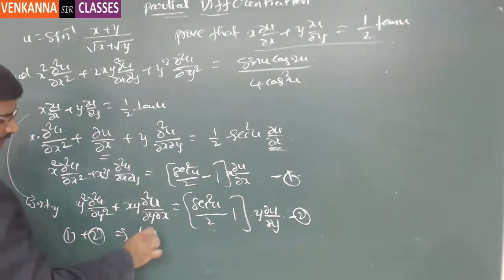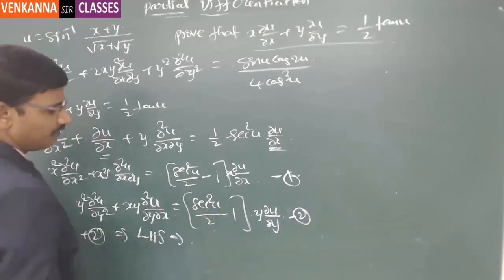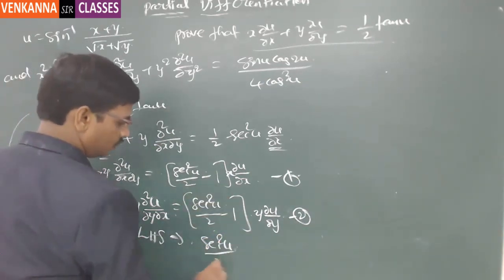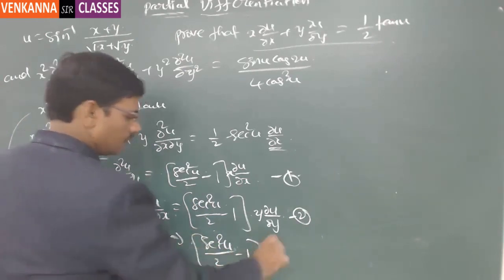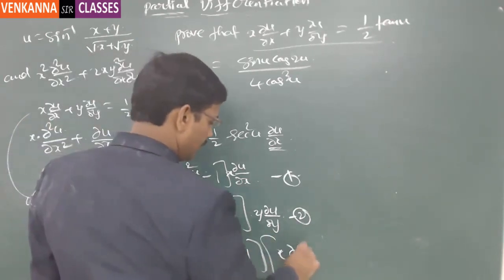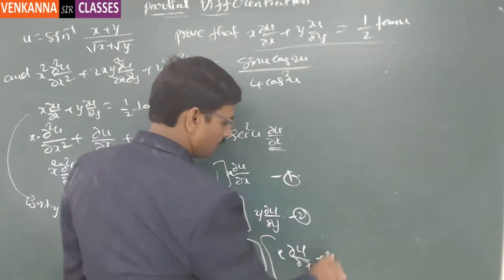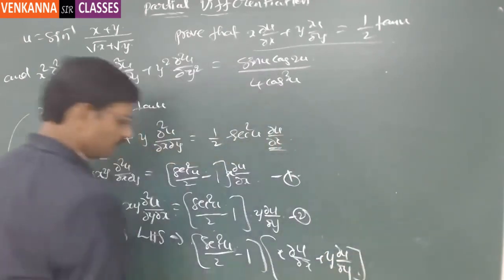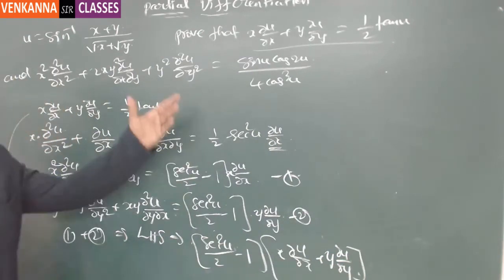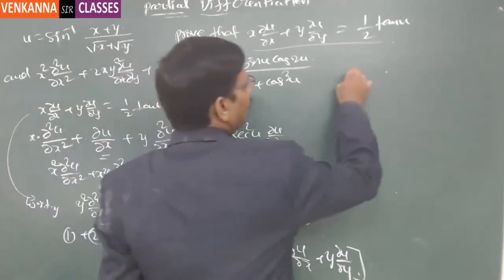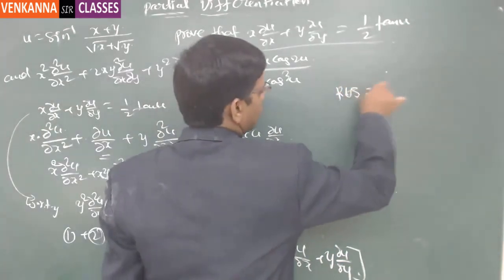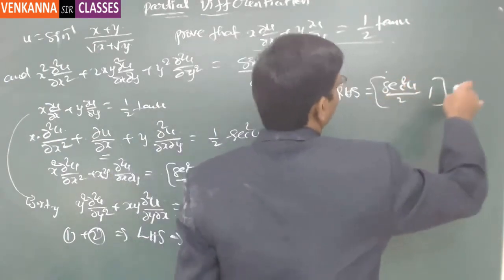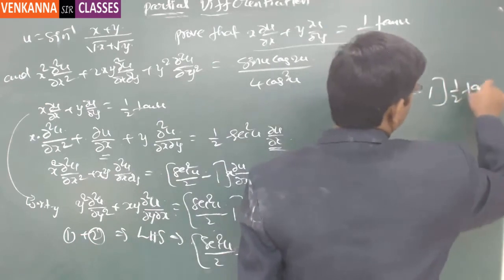This is the LHS. And on the right hand side, if you take out secant square u by 2 minus 1, what is left over is x del u by del x plus y del u by del y, and we know that this is half tan u. So the RHS will be (secant square u by 2 minus 1) times half tan u.